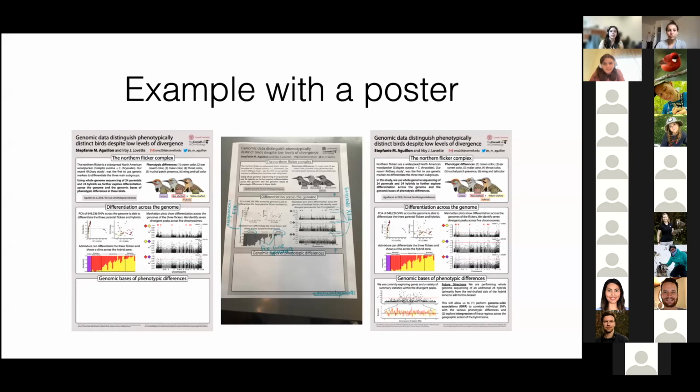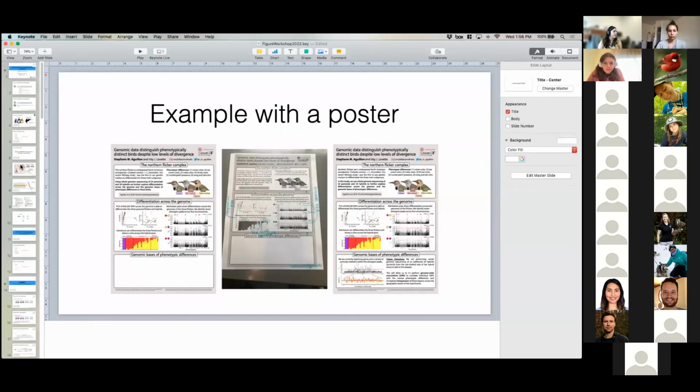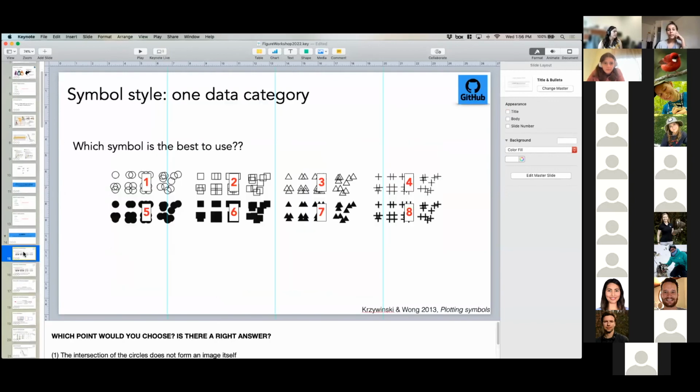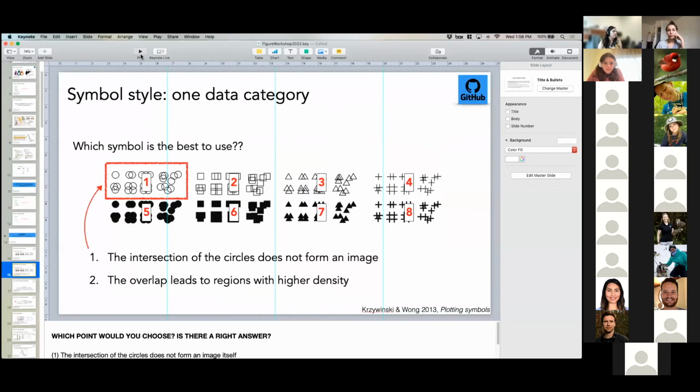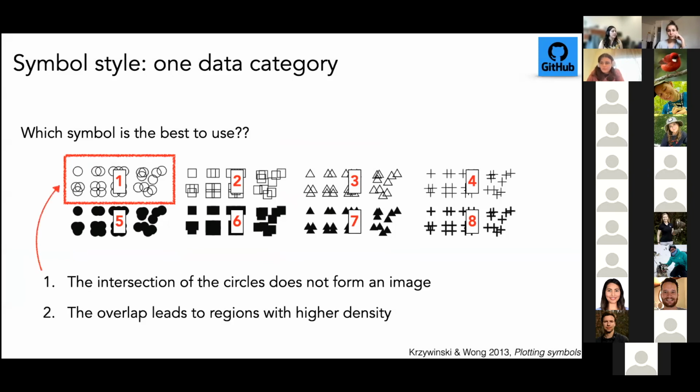Yeah, so there's a question about in the GitHub, I use transparency and alpha to sort of vary colors. And one of the reasons I do that is because at the very beginning, we talked about using different symbol styles and how the open circle is the best.